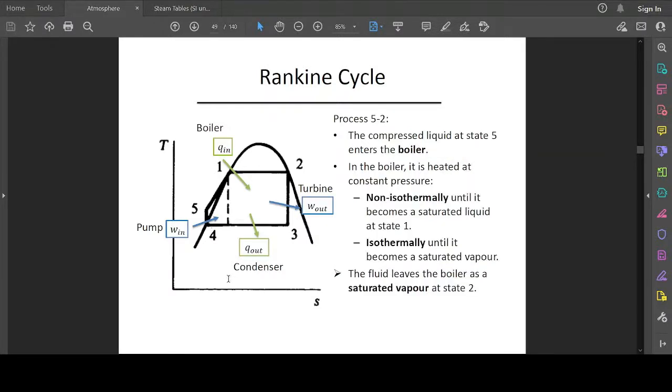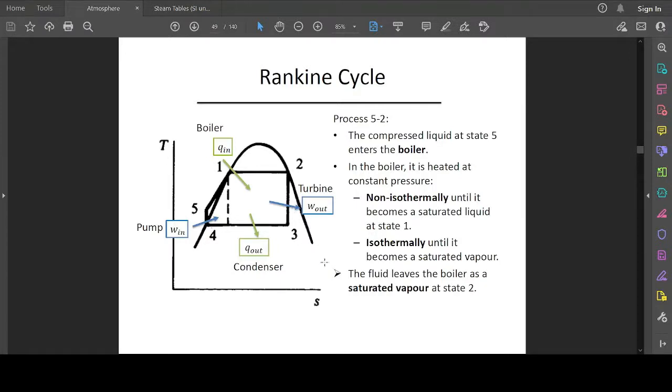Now the compressed liquid at stage 5 enters the boiler. In the boiler, it is heated at constant pressure and non-isothermally. As you can see, the temperature rises from this state to that state. Then isothermally to stage 1. So non-isothermal from stage 5 to 1, and it remains isothermal till 2.